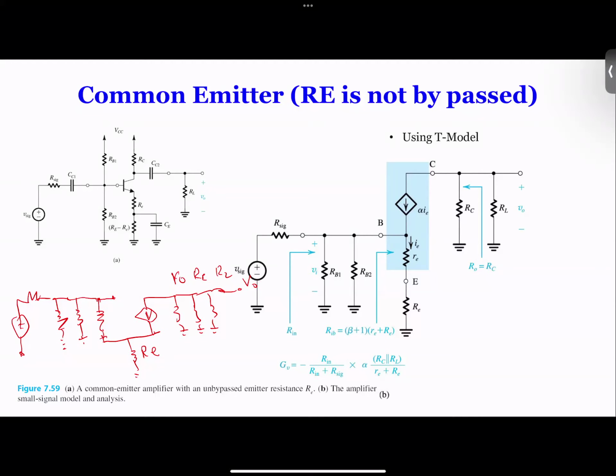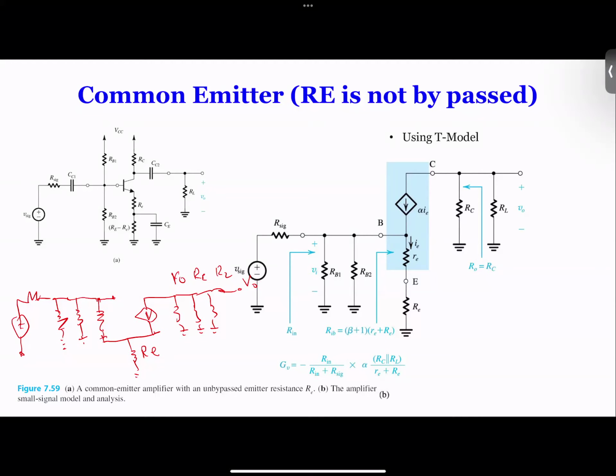This little case re is an internal resistance that we calculated for the T model. So this little re is R pi divided by beta, remember that, or beta plus 1. This is a very small resistance, usually in the hundreds of ohms. But this RE can be in the kilo ohms. So actually that makes your life easier, because sometimes you can even neglect this one.